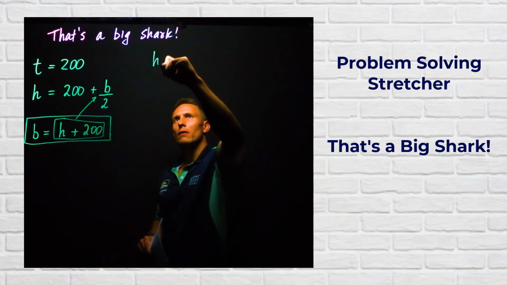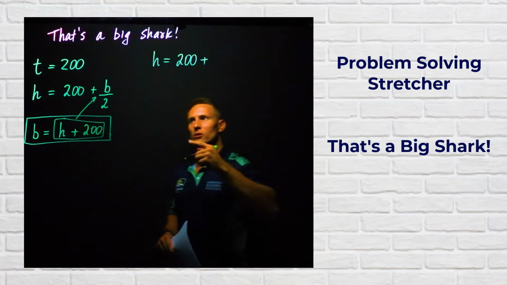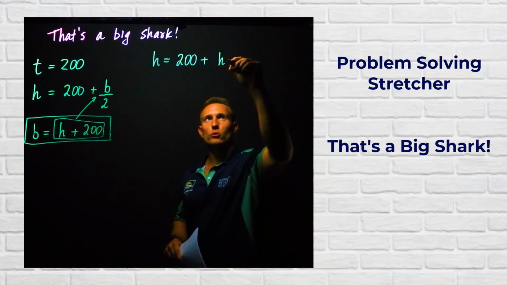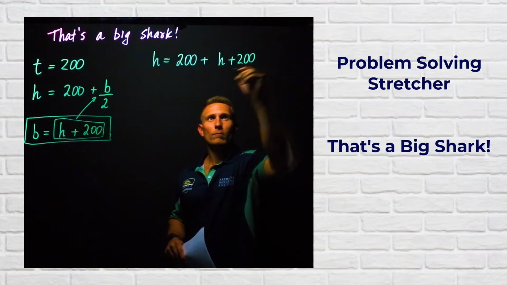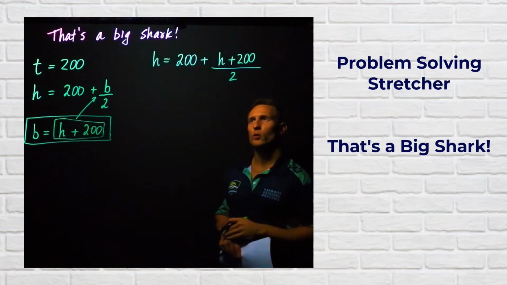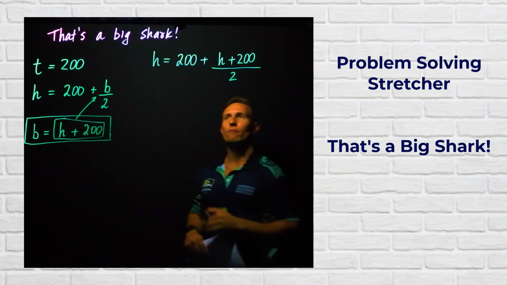So I'm going to start up here, h equals 200, and what we're going to do is substitute b for h plus 200. So it's going to be h plus 200 divided by 2, okay? H plus 200 divided by 2. Now to get rid of this divide by 2, we need to multiply everything by 2.